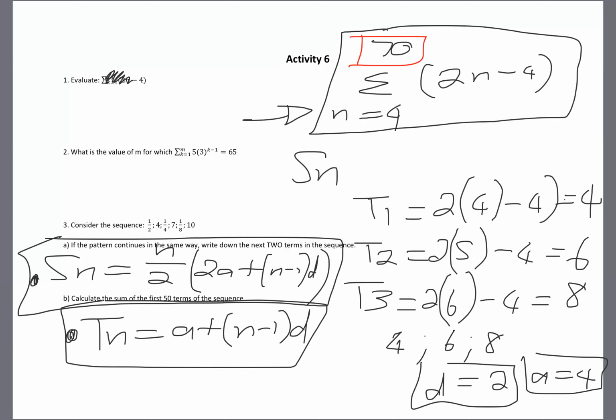Are you still with me? So what I'm going to do now, please hold on, is calculate what my n is when Tn is equal to 70. Sorry, let me just change this color.